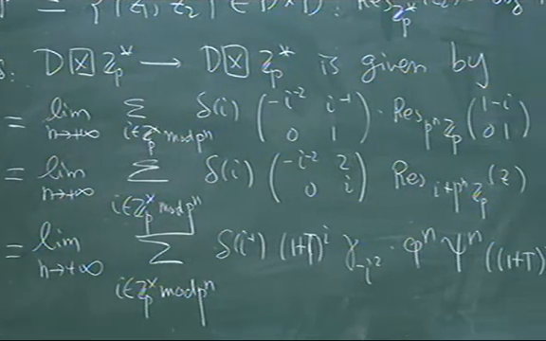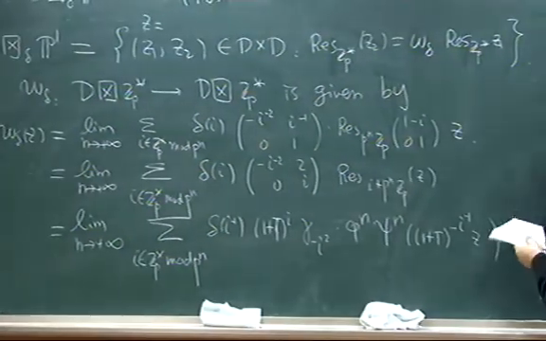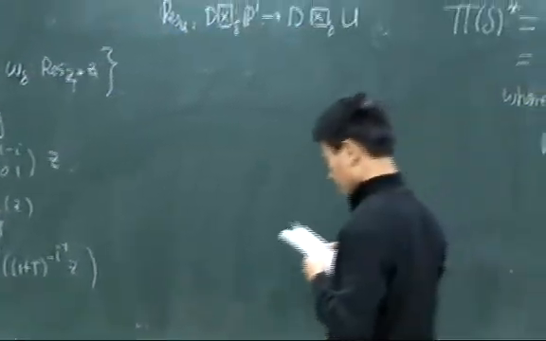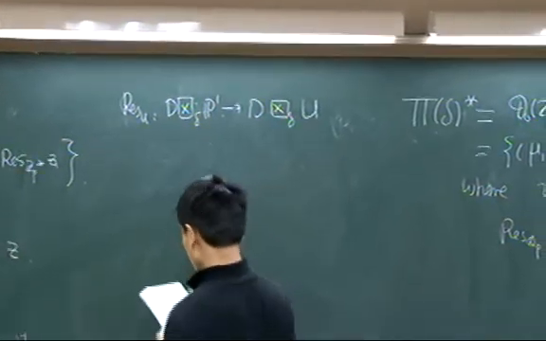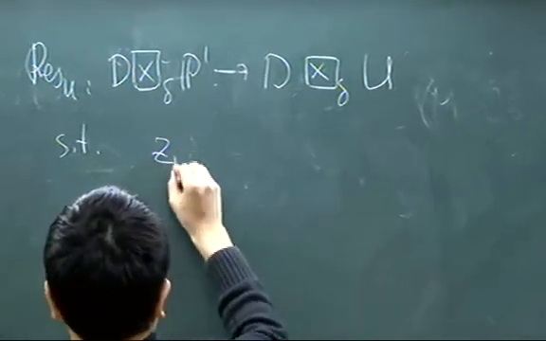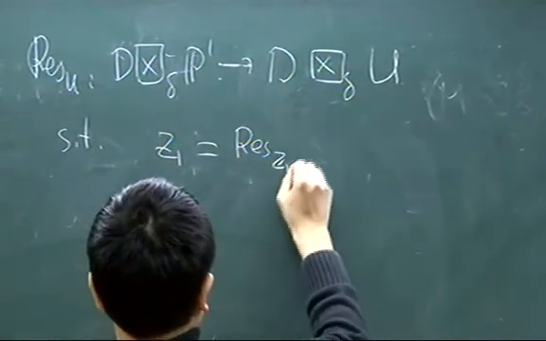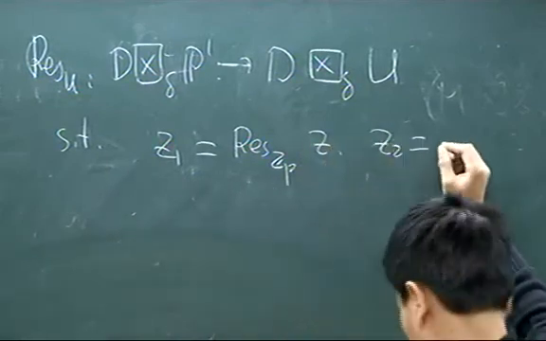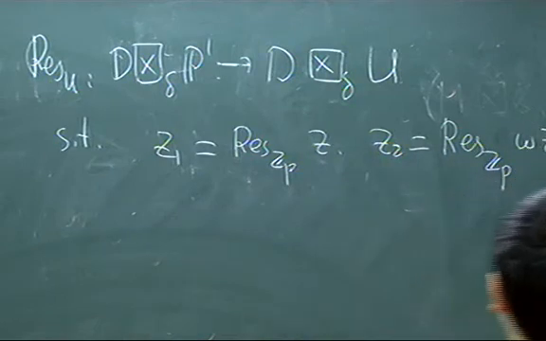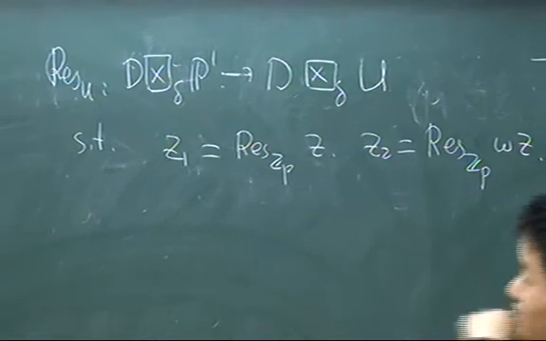But we can define a restriction map, such that Z1 is just a restriction of ZpZ, and Z2 is just the restriction of WZ, where W is that one.